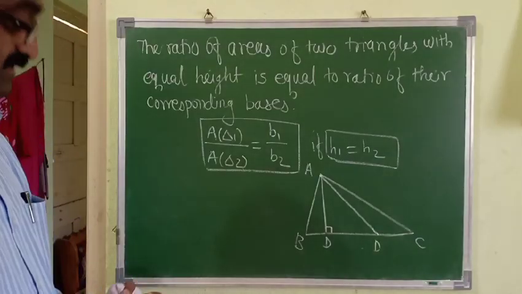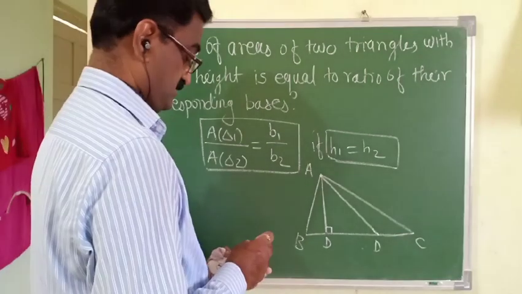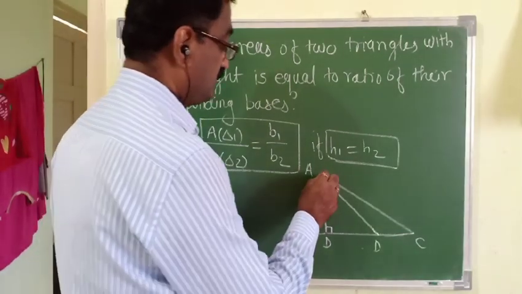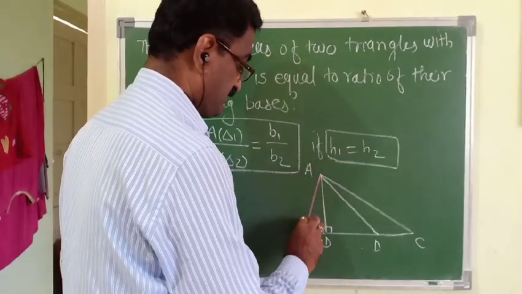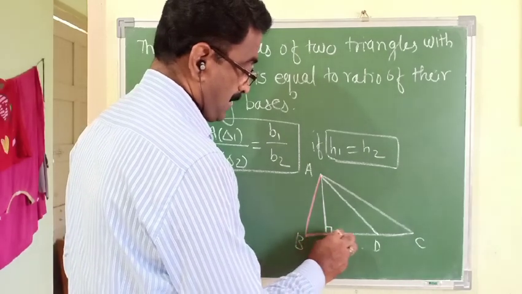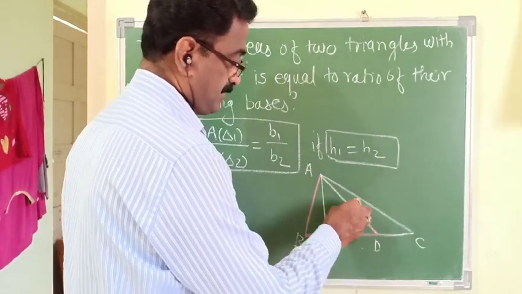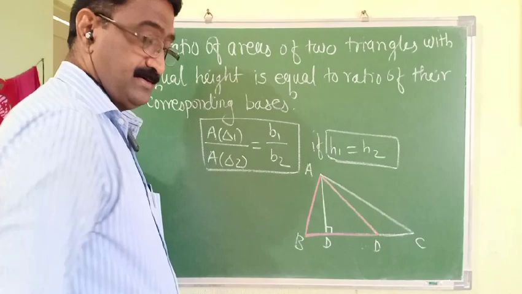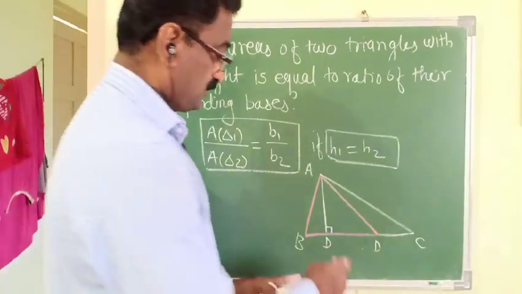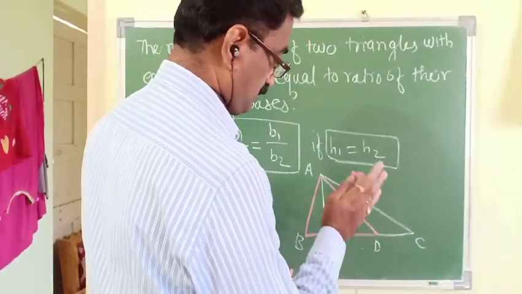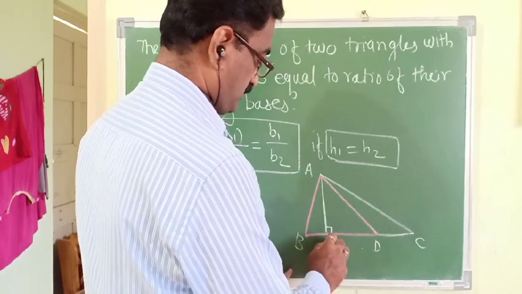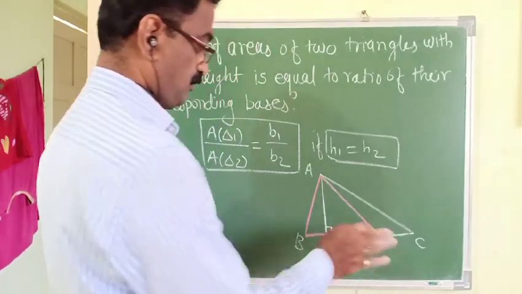So how many triangles are there? There are 3 triangles. Which ones? First triangle is this triangle A, B, D. On BC, here we have taken the E point. D point is already there.